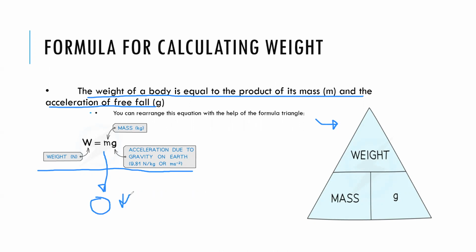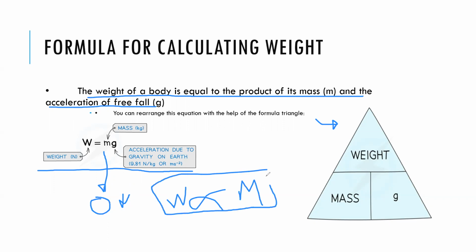If you're on another planet, the acceleration due to gravity might change because of various factors which are not so important here. But always remember, if a body has a lot of mass, the weight of the body increases, as weight is directly proportional to mass.